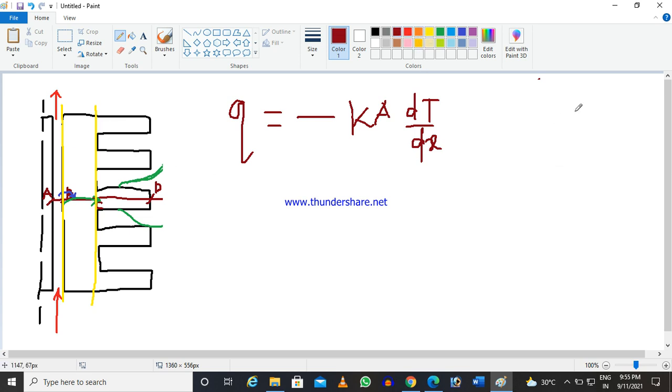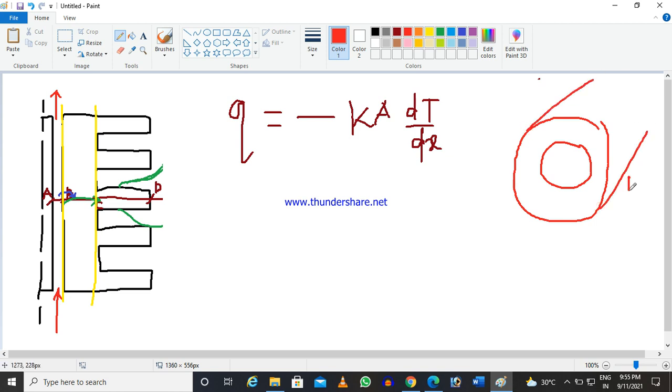If I draw it, it is like this. Say the length is L and this radius is R1 and this radius is R2.